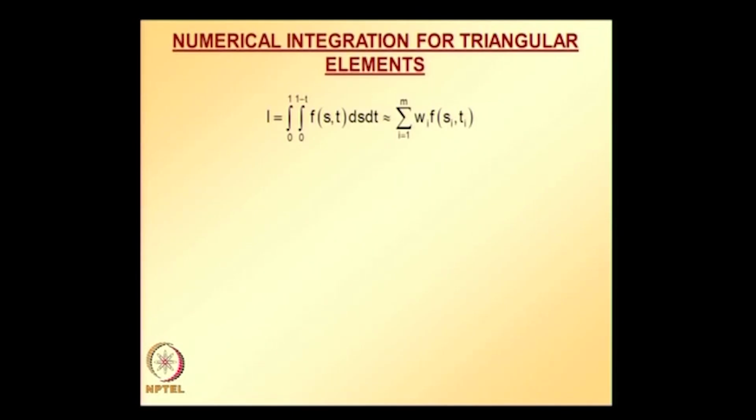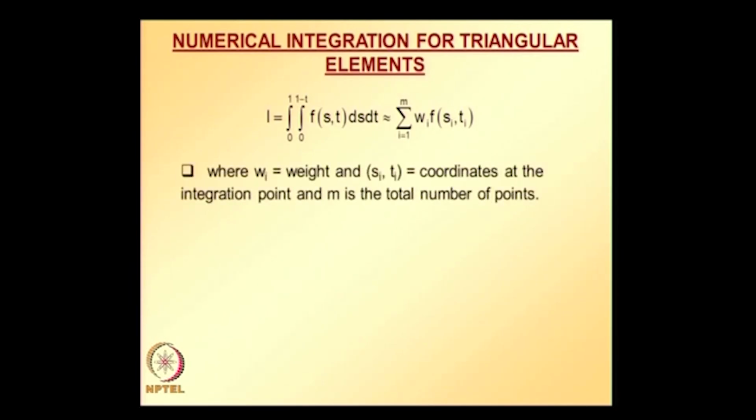We need to evaluate this double integral f(s,t), and that can be estimated similar to what we did for rectangular elements. We need to find the integration points first, and once we have the integration point locations, evaluate the function at those locations, multiply with the weights and sum up the contributions from all the integration points.